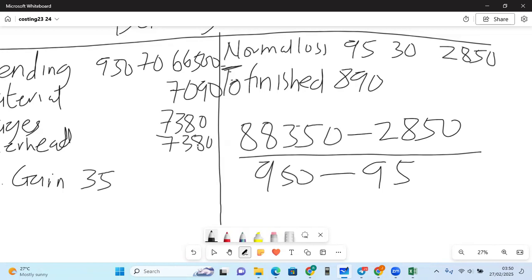So this one we are going to get 100. 100 will be our value per unit. Watch this one, you can go back and replay it again, because the abnormal gain is different from the abnormal loss. Abnormal loss is credited, abnormal gain is debited.